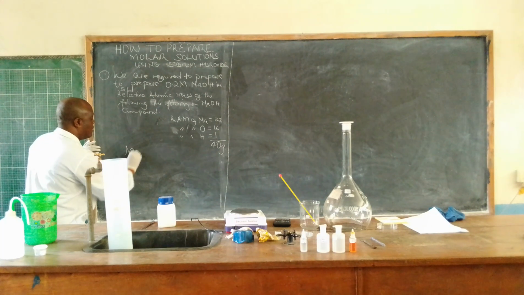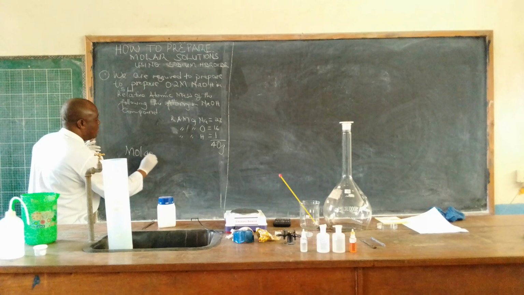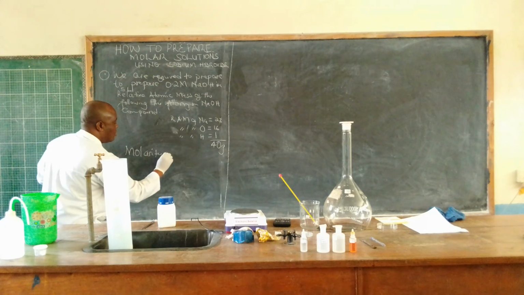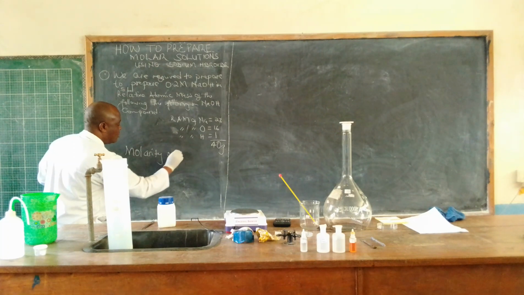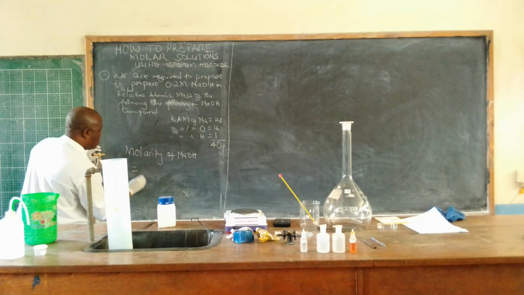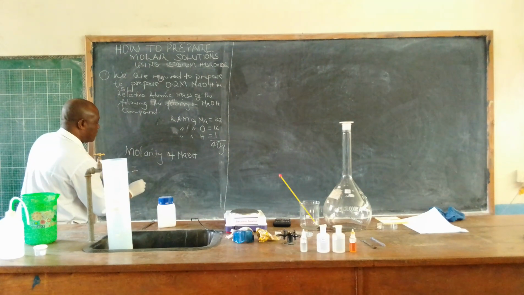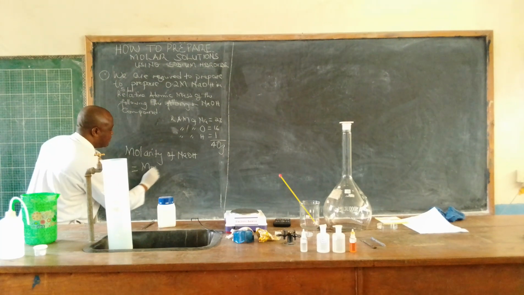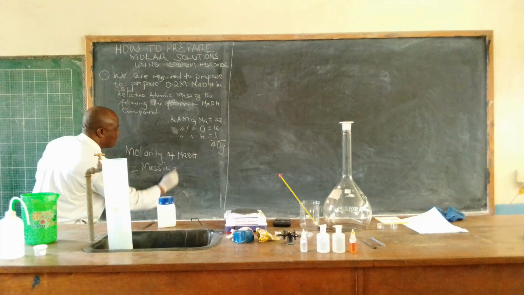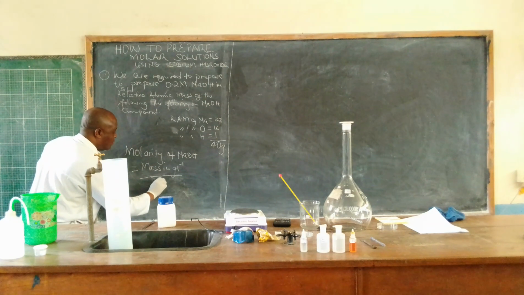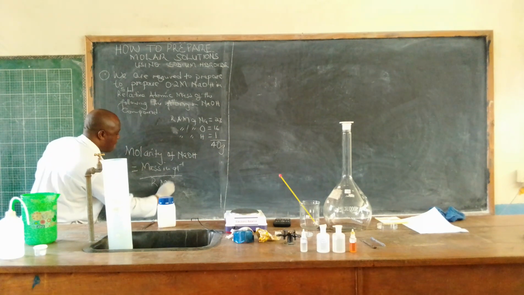The molarity of sodium hydroxide is equal to the amount of grams that you are supposed to weigh, the mass in grams per liter, divided by the relative molecular mass.